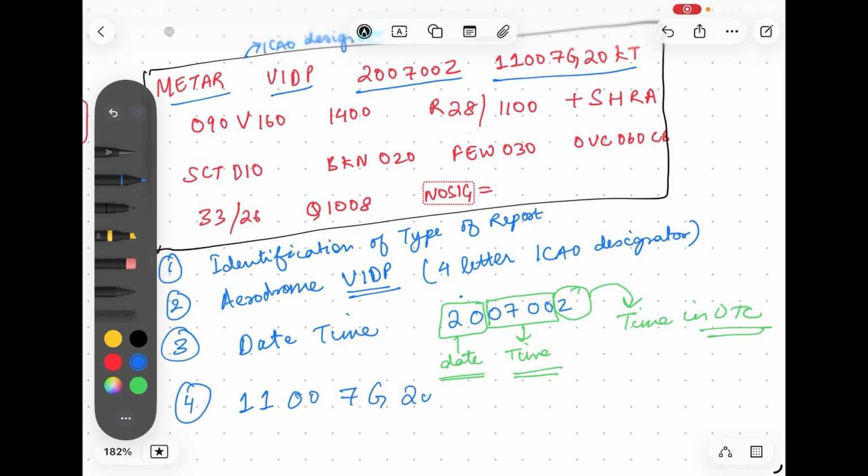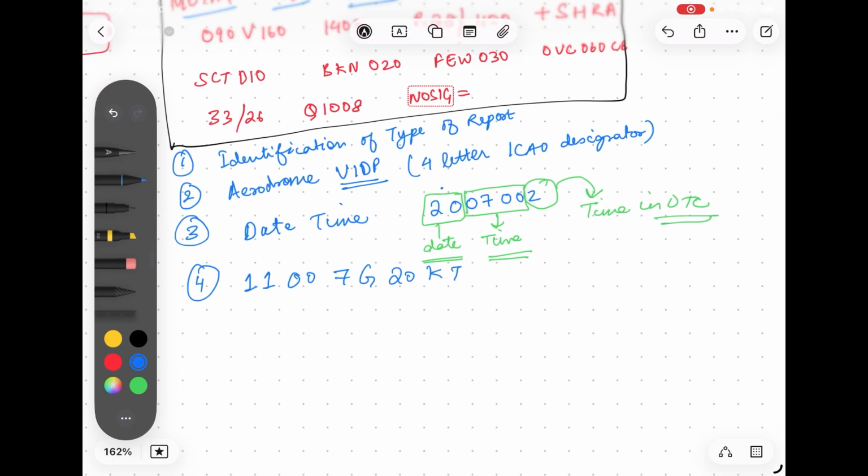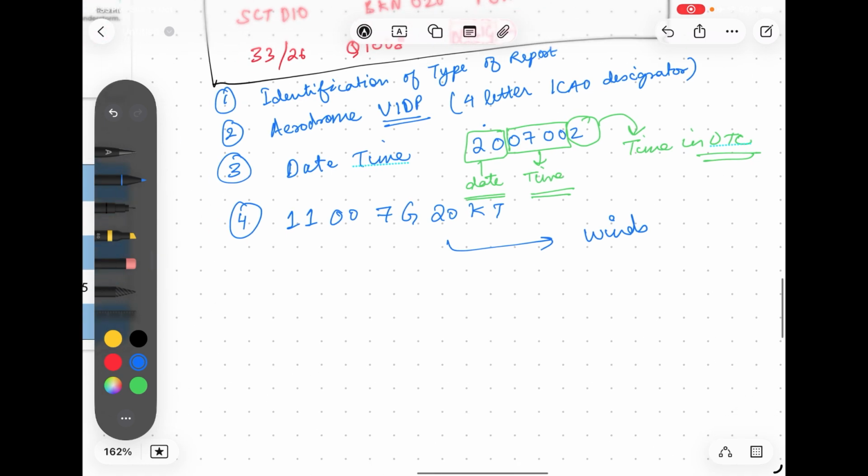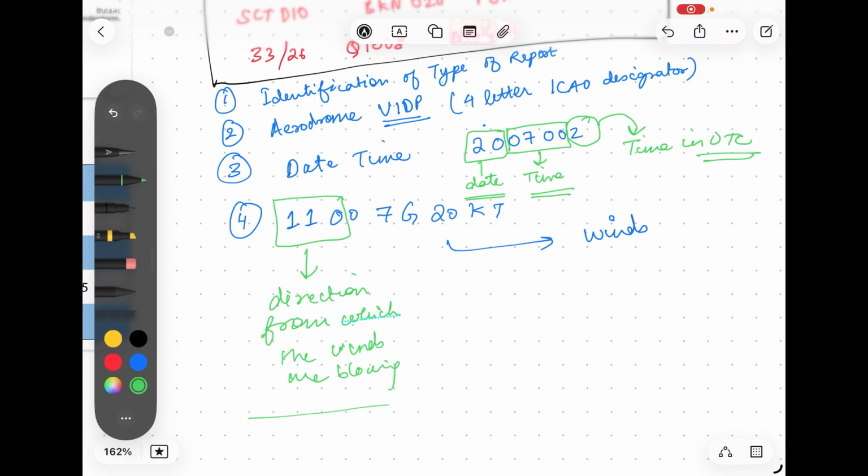11007 G20 KT. So this is a group, this is how winds are represented. It could include a lot of things. Now here, what is it including? So the first 3 digits give you the direction from which the winds are blowing, in degrees true.